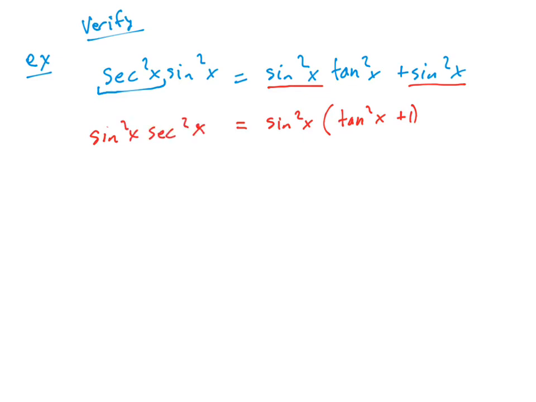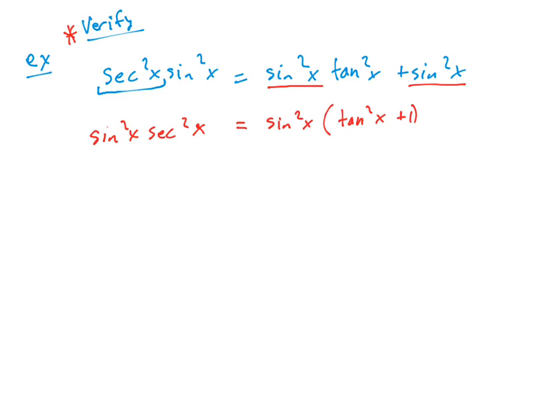Now, if we were trying to solve an equation, or let's say we already knew that this trig identity was true, then I would know that the left side is equal to the right side. In which case, I could use the operations that I would normally use when solving an equation. However, since we are trying to verify, we don't know that this is true.